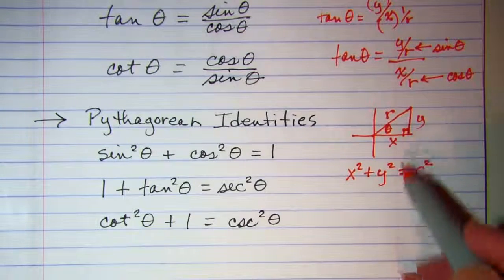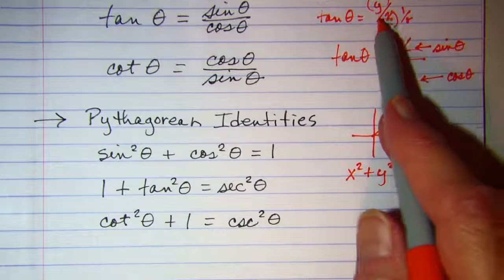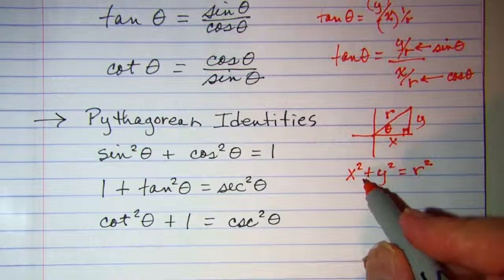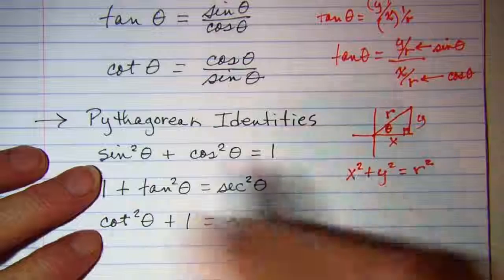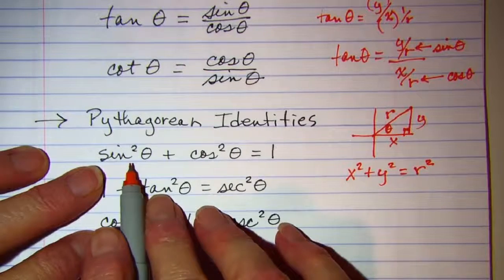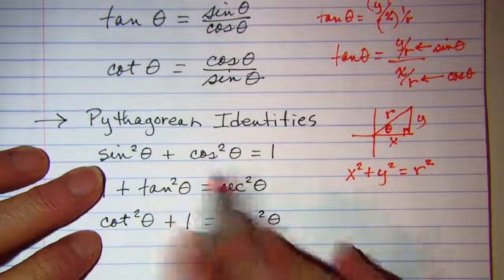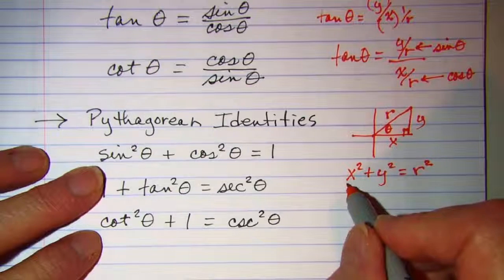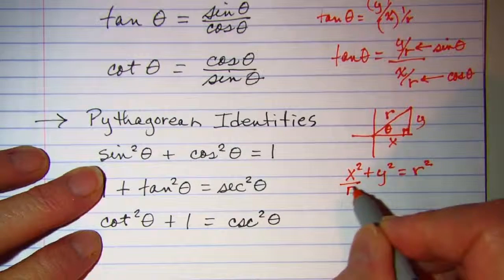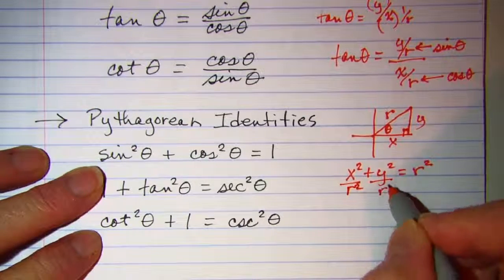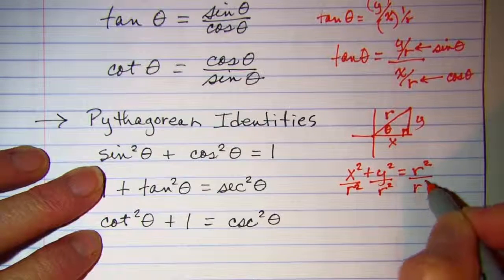Now again, we'll approach this very much like we did this one up here. I would like to get it to the point where it says sine squared and cosine squared. So this one I'm going to divide by r squared, divide by r squared, and divide by r squared.